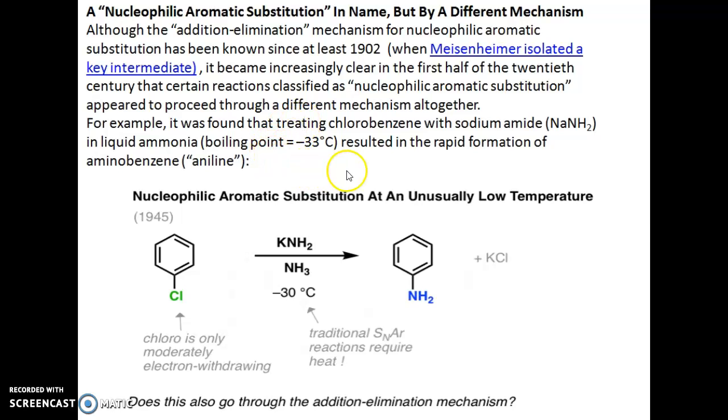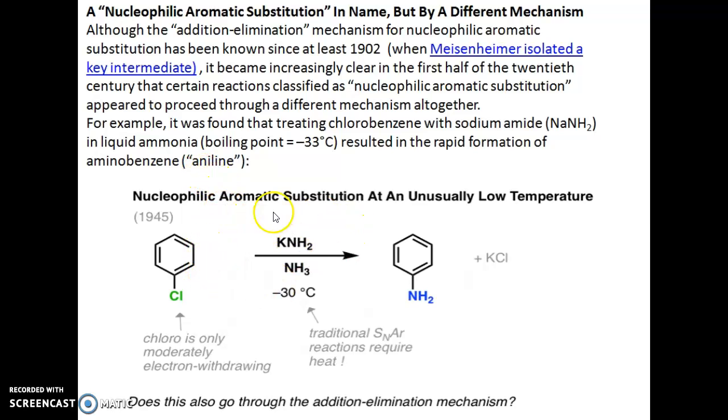If you take the example of chlorobenzene with sodamide in liquid ammonia, which has a boiling point of minus 33 degrees, it results in the rapid formation of aminobenzene, or aniline.